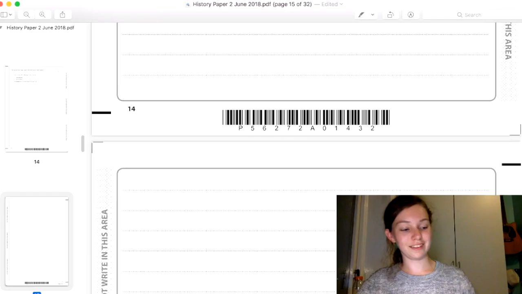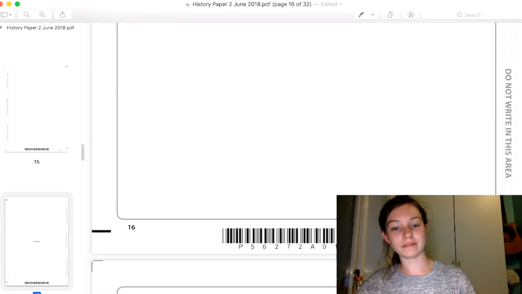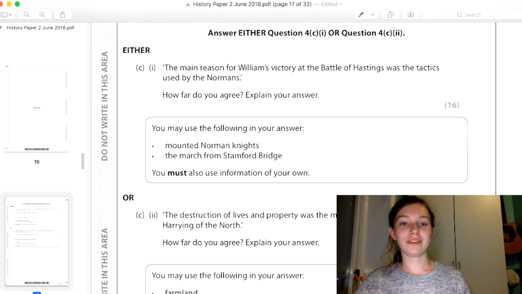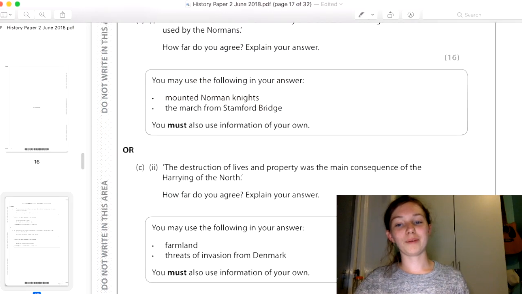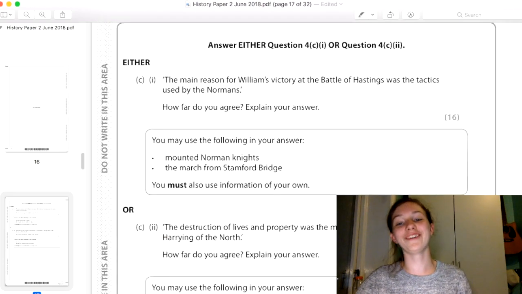And then this leads us on to our final question, which is the 16 marker. Here we go. We had a choice here: William's victory at the Battle of Hastings, or the destruction of lives and property as the main consequences of the harrying of the North. Obviously, this is the question you want to go for.